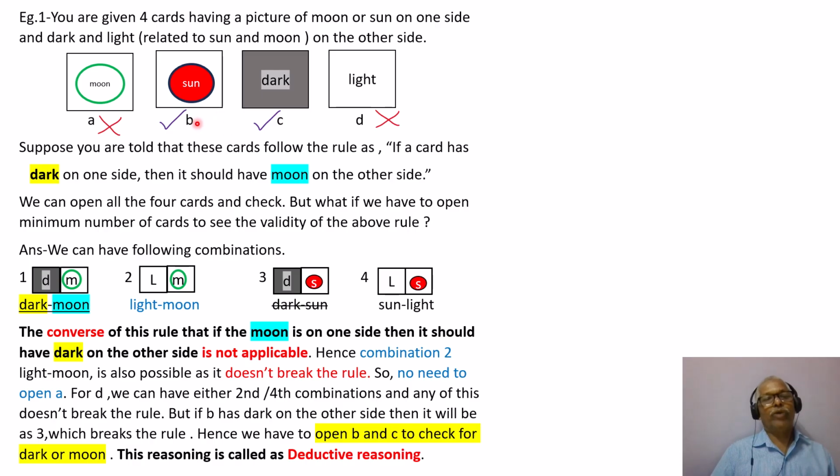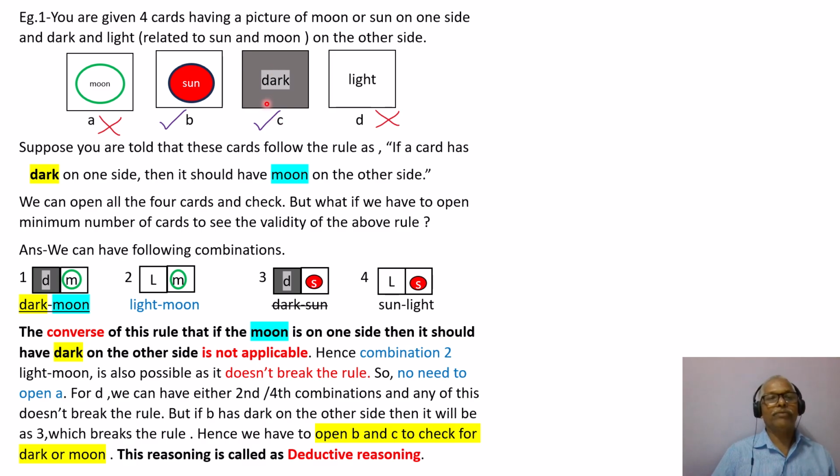So we have to open B and C. Of course we have to open C, as the condition starts with dark, so we have to open dark and see whether it contains moon or sun on that side. If it has sun on that side, it can break the rule.